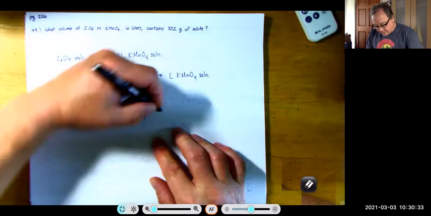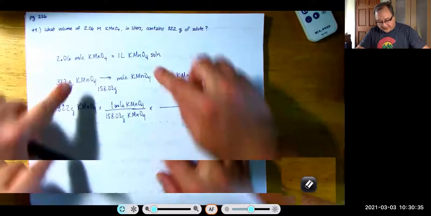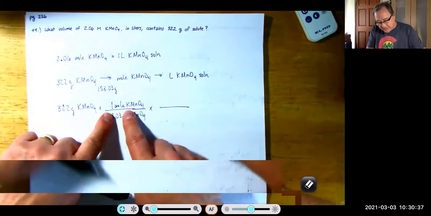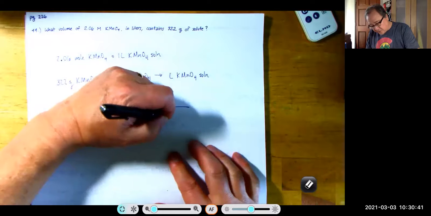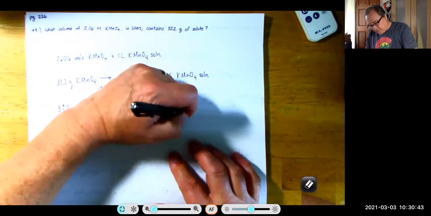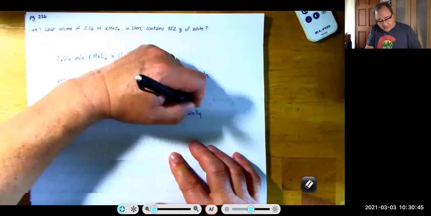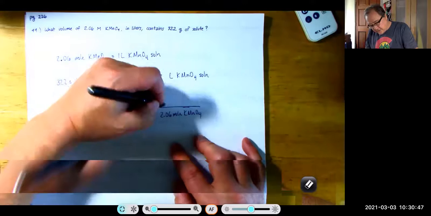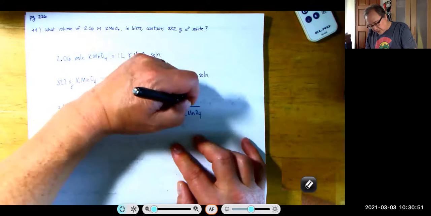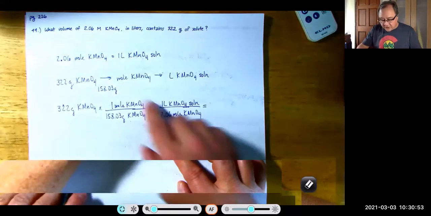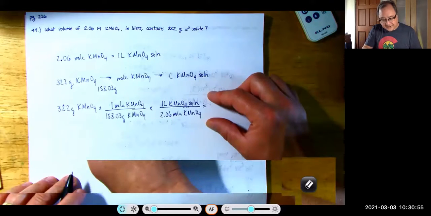And then here, we're going to use this one next. And because I want to cancel KMnO4 moles, I'm going to put 2.06 moles of KMnO4 on the bottom. I'm going to put 1 liter of KMnO4 solution on top. Now, this kind of shows you why I write this way.